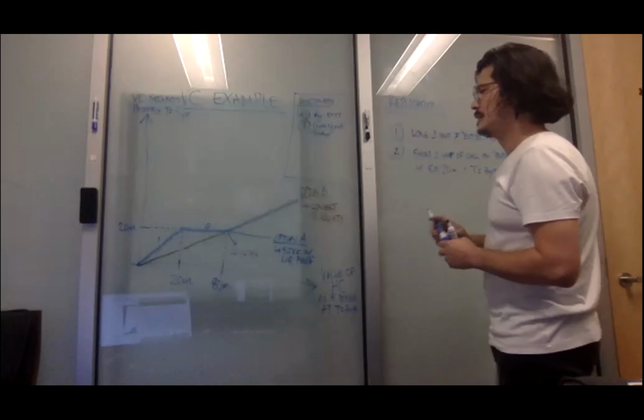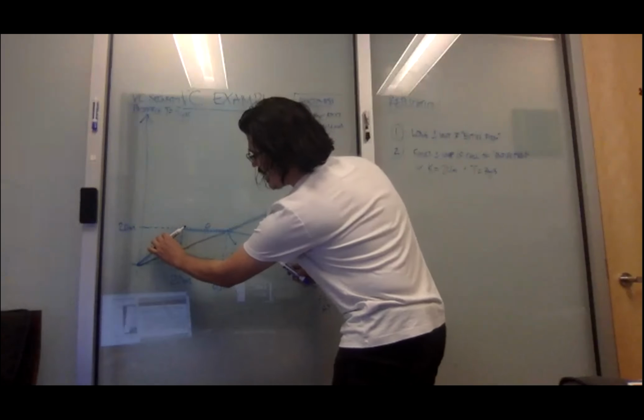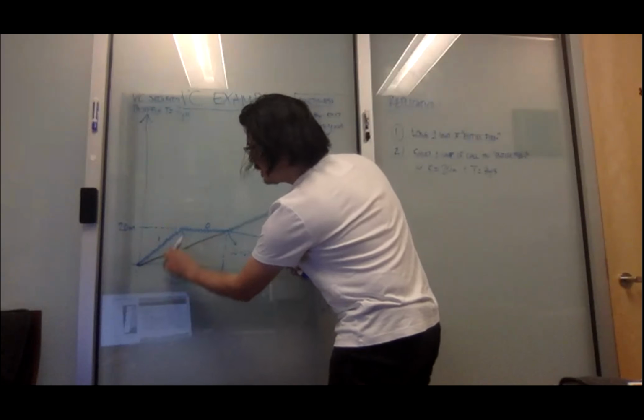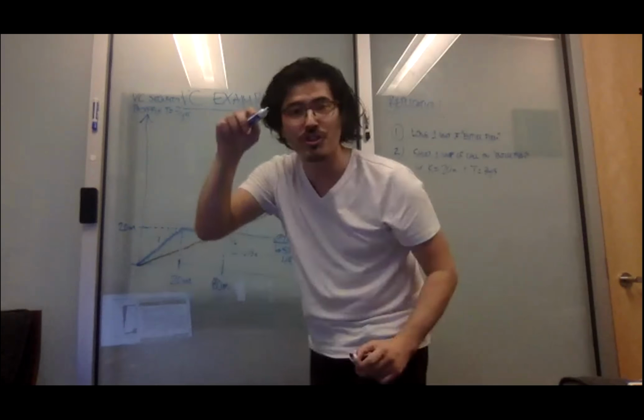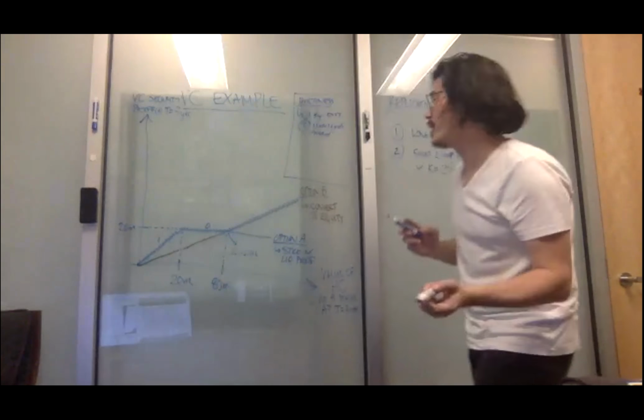And what maturity? 3 years. 20 million because the change in slope happens at 20. And it's short 1 unit because the slope goes from 1 down to 0. The slope falls by 1. 100% correct.